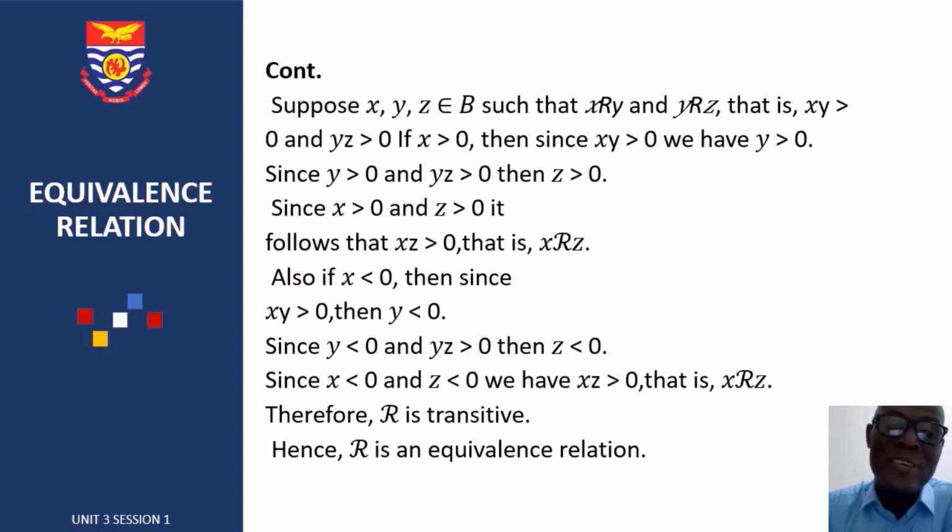And this is because if Y is less than 0 and Z is not less than 0, the product will not give positive. It will give negative. So that is why Z must be less than 0, so that when we find the product of Y and Z, it should be positive, which should be greater than 0. Now, since X is less than 0 and Z is less than 0, then we can say that our XZ is greater than 0, and that is X is related to Z, which implies that our relation R is transitive.